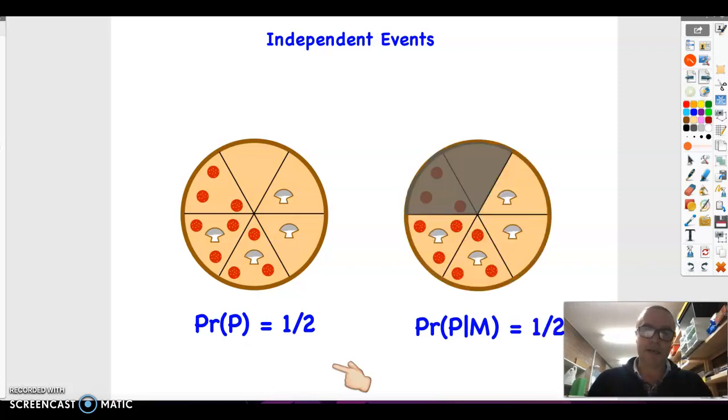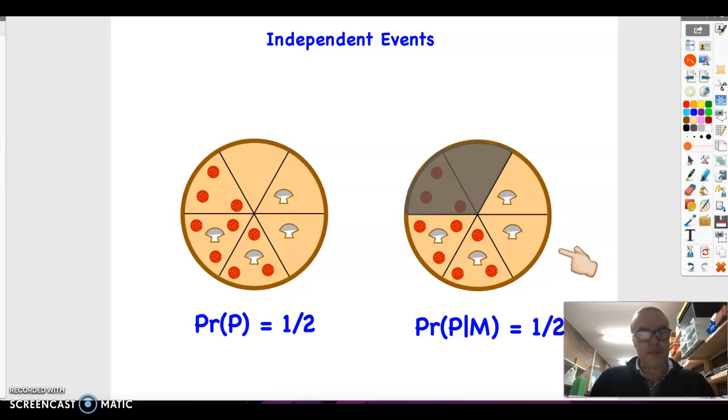So here we're looking at the same pizza, but I've shaded out the pieces that don't have mushroom. So given that we're going to get one of these 4 pieces at random, what's the probability that we'll end up with some pepperoni? Again, now 2 out of 4. Over here it's 3 out of 6, which is 1/2. Here it's 2 out of 4, which is also 1/2.